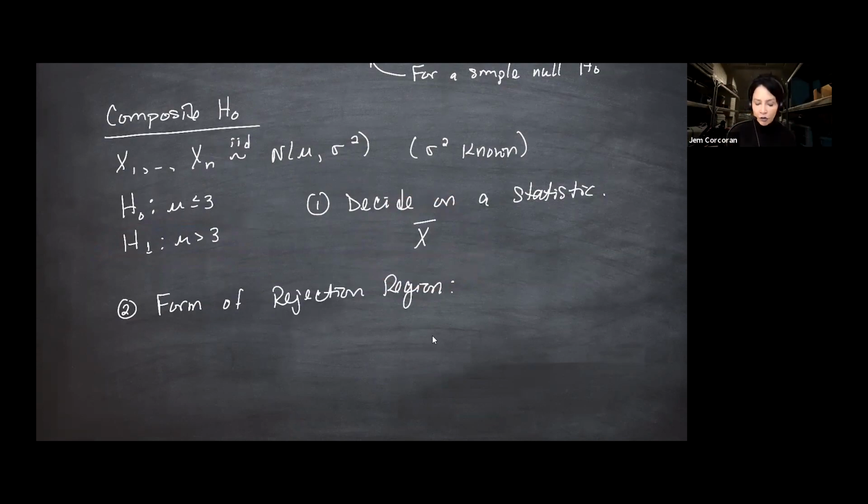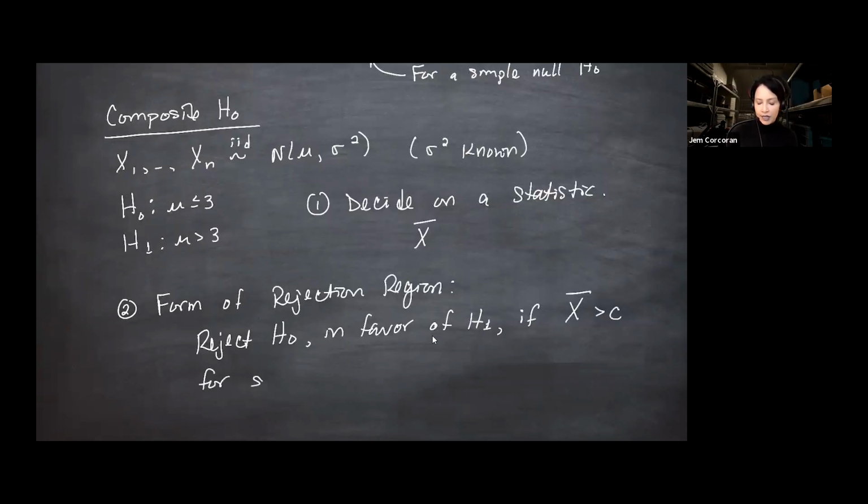So the form of the test is going to be to reject the null hypothesis in favor of the alternative. Writing that part of the phrase was important last time because we didn't cover the whole parameter space. We had mu equals 3 versus mu greater than 3. Here it's not really important to write this part. Reject if X bar is greater than c for some c to be determined.